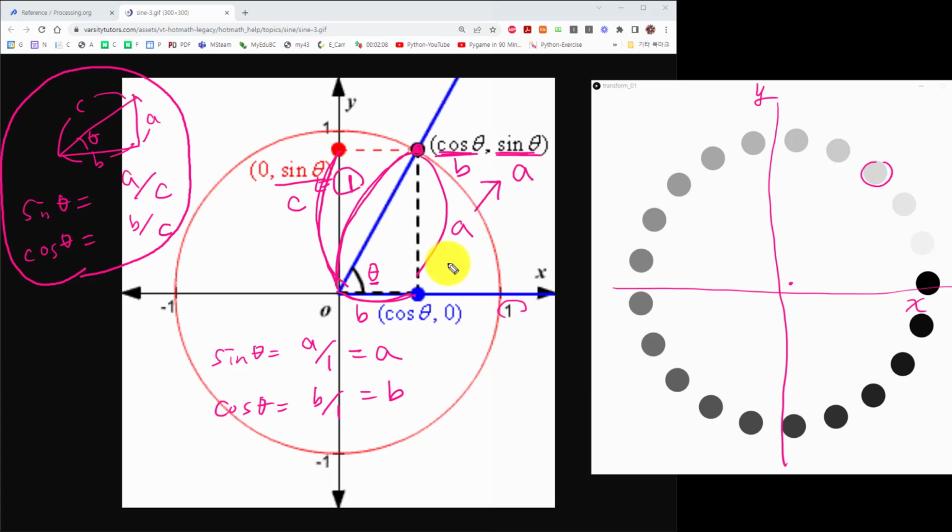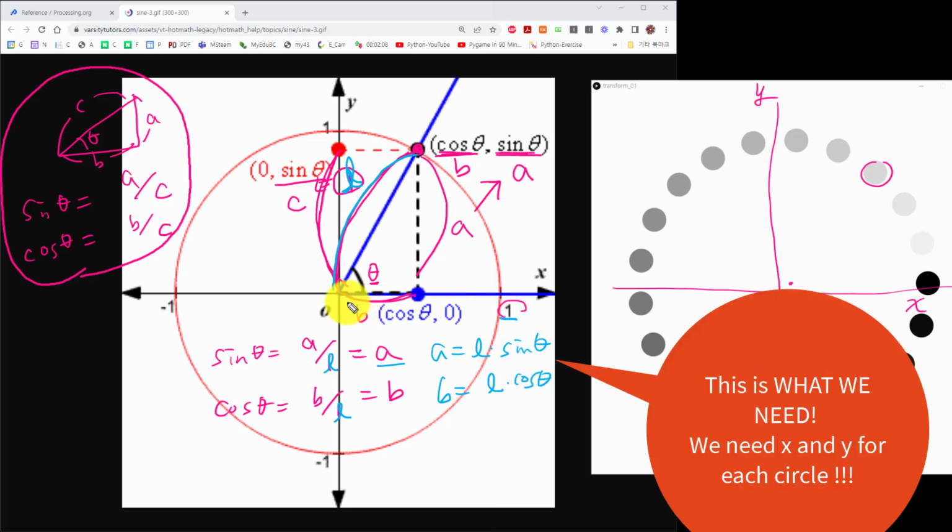But in real cases, sometimes the radius is not 1. So let's say the length from the center of the coordinate to the center of the circle is L. Let's change the 1 into L. Then what is A? In this case, A should be L times sine theta, and B equals L times cosine theta.